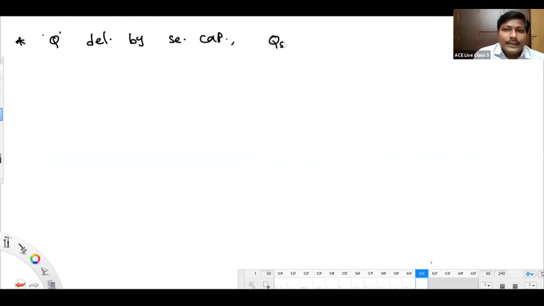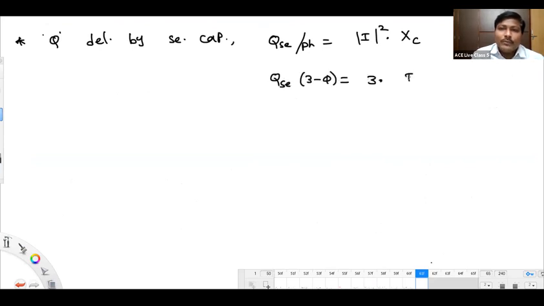QSE per phase is simply the magnitude of current square into series capacitor reactance. The three-phase value will be 3 times this: 3 into magnitude of current square into series capacitor reactance. That's the Q delivered by the series capacitor.